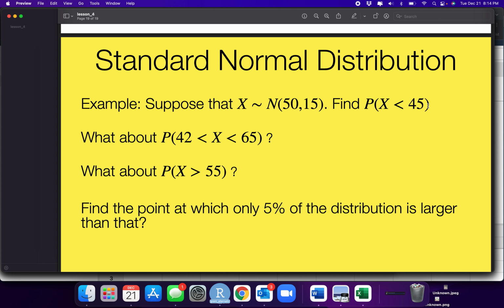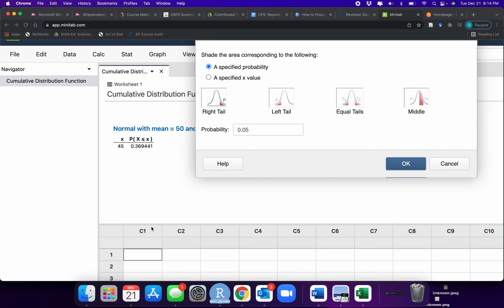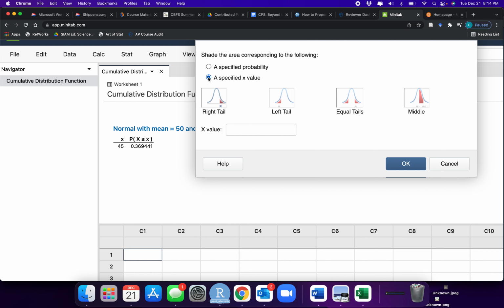My x is 45. I do the same thing in 2 and 3, but in the fourth question, find the point at which only 5% of the distribution is larger than that. There I give you a probability and ask for an x. So we'll get to that. For now, I give you an x value.